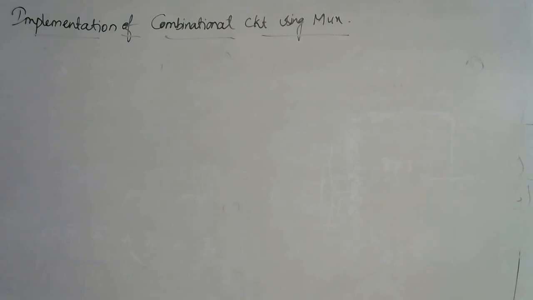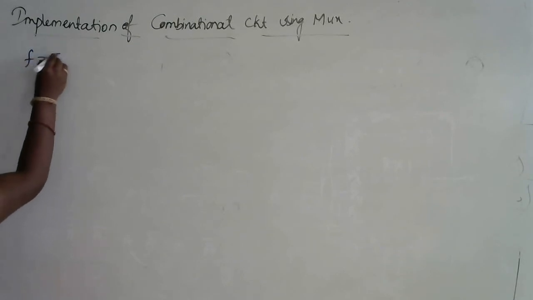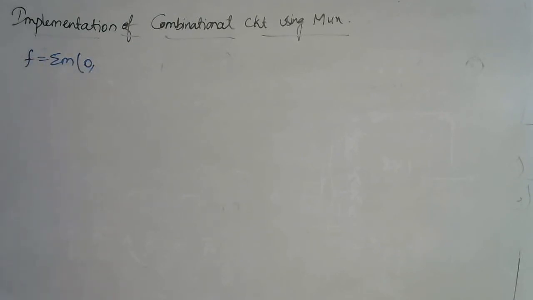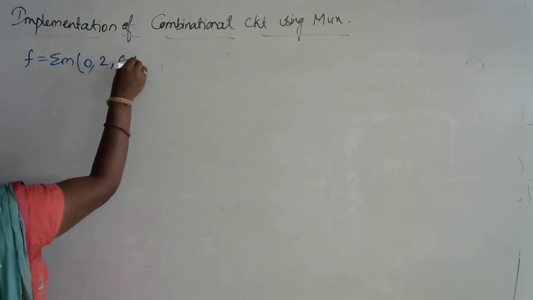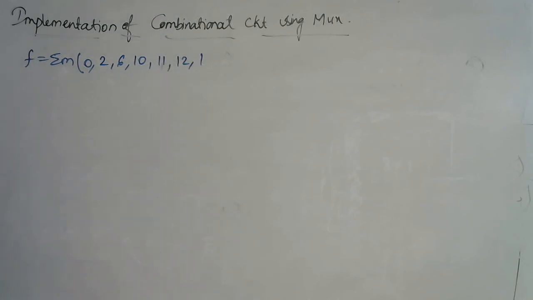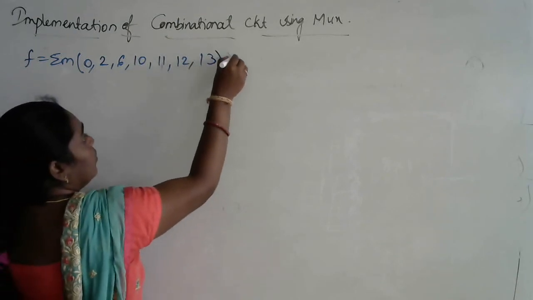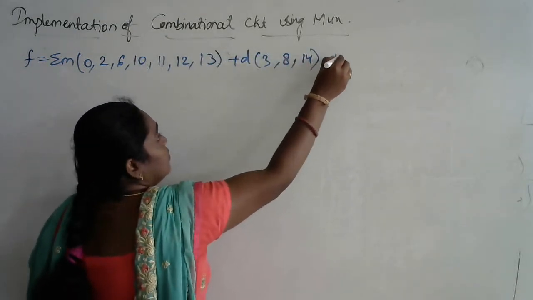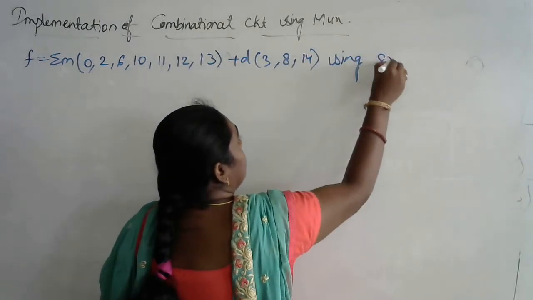So here, the function is f is equivalent to sigma m of 0, 2, 6, 10, 11, 12, 13, don't cares of 3, 8 and 14 using 8 by 1 mux.